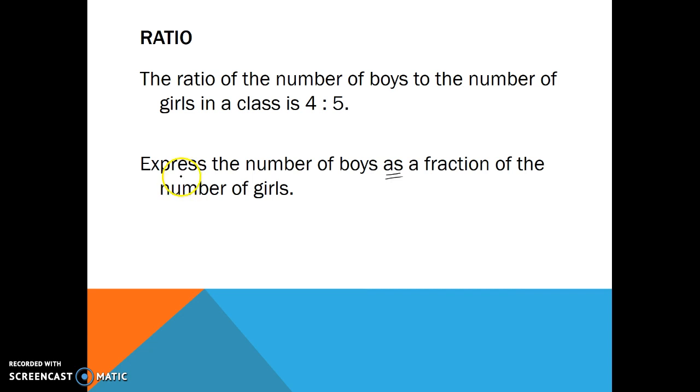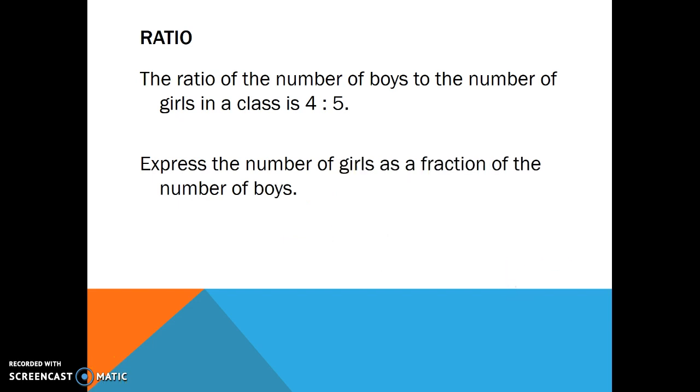So again, it's express the number of boys as a fraction of the number of girls. So we are going to start with boys, is or as or are, over of, and the of is referring to girls in this statement. So boys of girls, and we're going to write our fraction as 4 over 5.